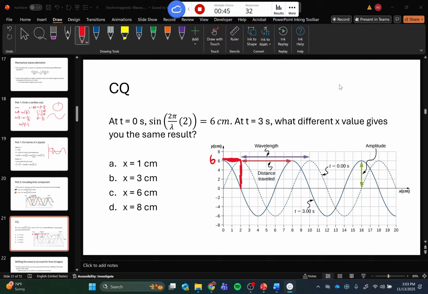Here you're looking at the solid line graph. T equals 0 is the dotted one. We're done with that. Look at the solid one, and at what x value do I get the same y value?